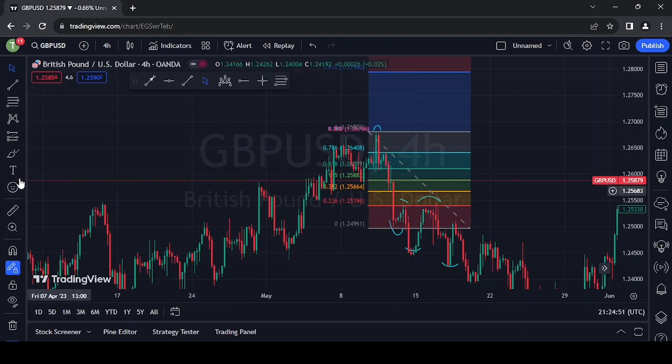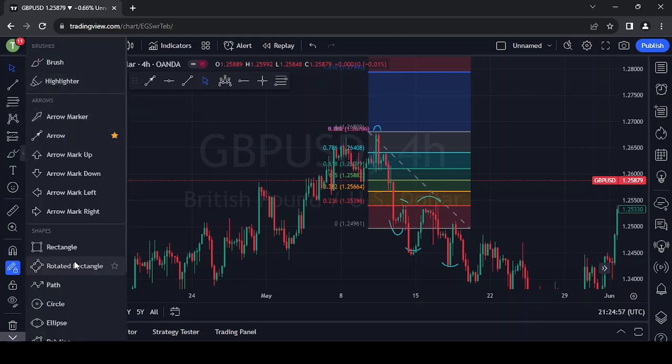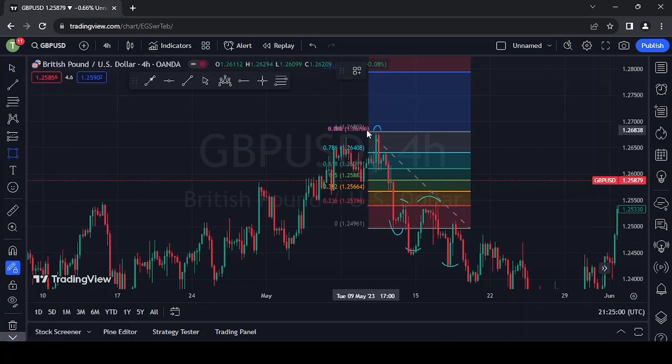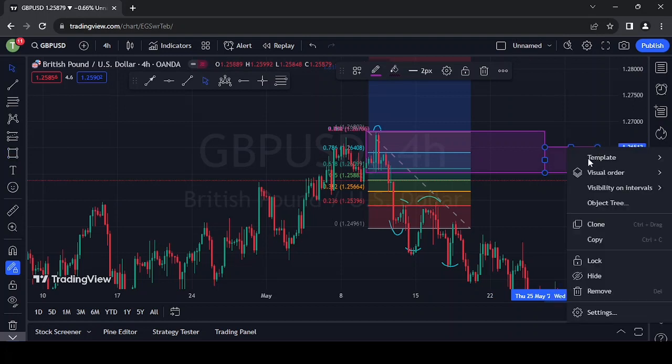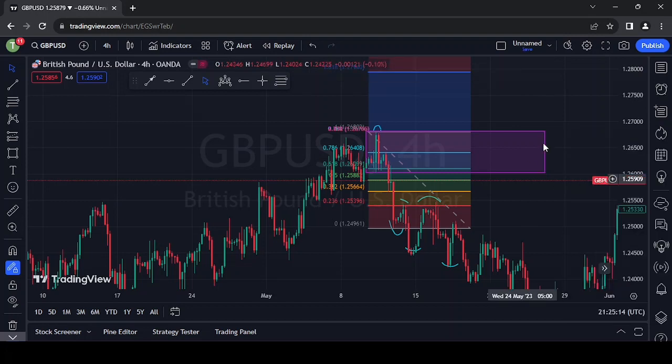Let me do something quickly. Rectangle. All right, this is our supply zone. With this supply zone, I said an unstable trend will come back to this zone before continuation lower.